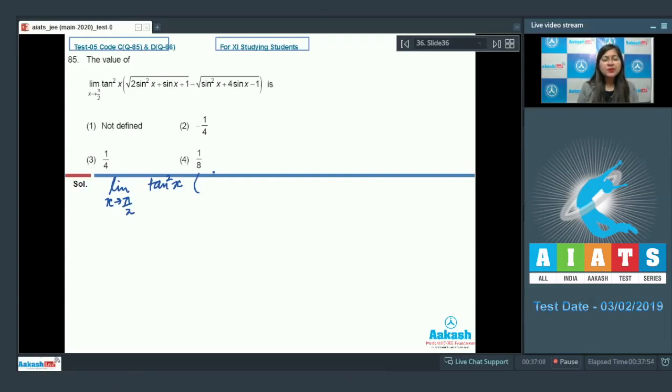In the numerator we will get a plus b into a minus b, that is a square minus b square, that is 2 sine square x plus sin x plus 1 minus sin square x plus 4 sin x minus 1.